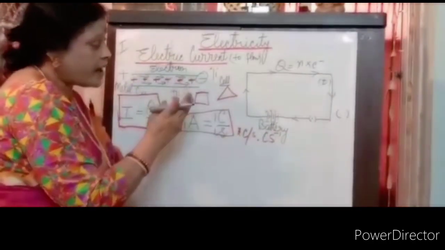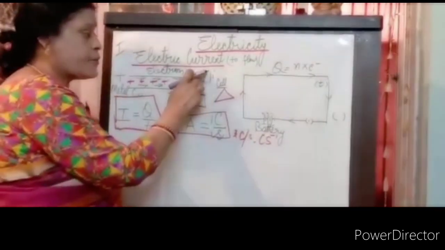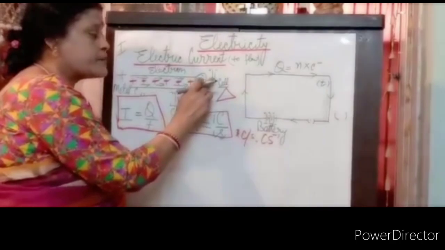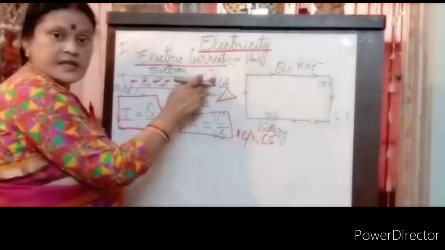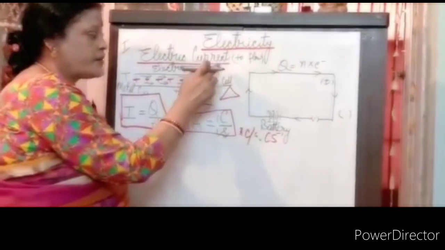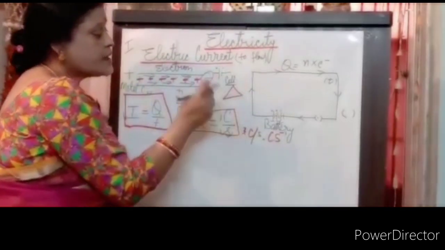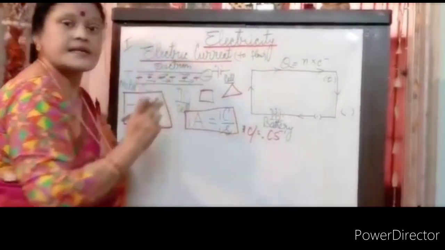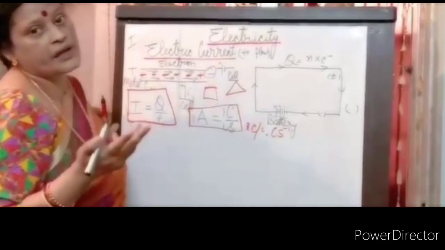Now, before that, we have to discuss the cell. I am saying positive to negative. When I draw these two ends, one is a longer line and another is a smaller line. One positive and one negative, and this is the conductor wire. This is known as a cell having two terminals, one positive and one negative.